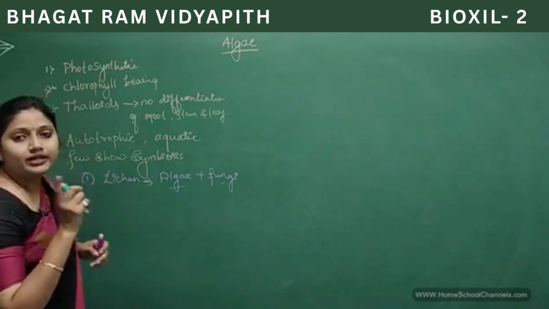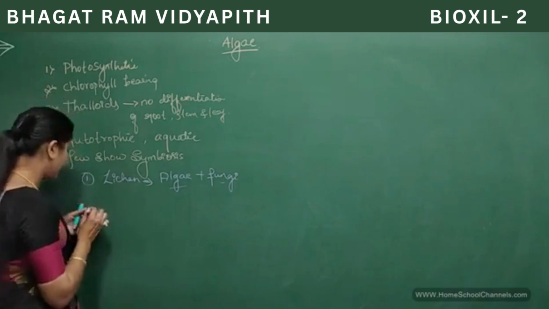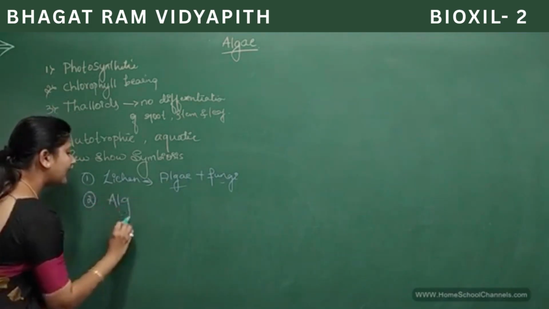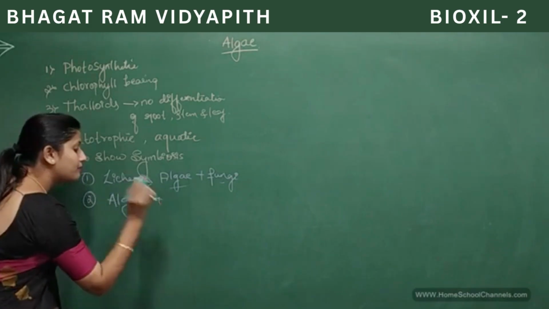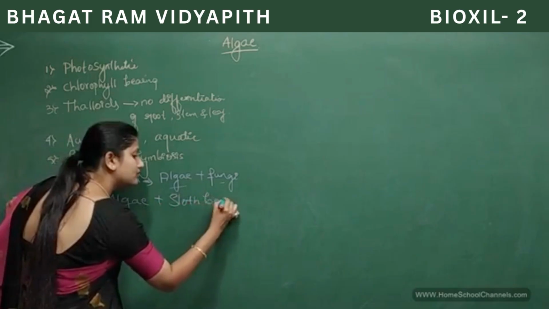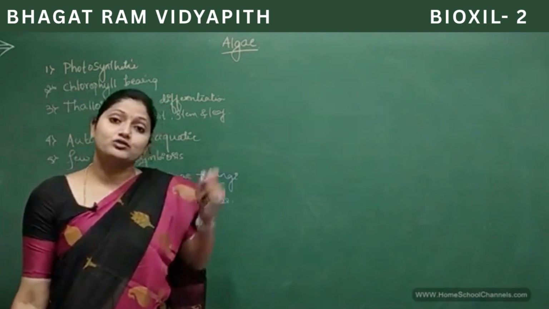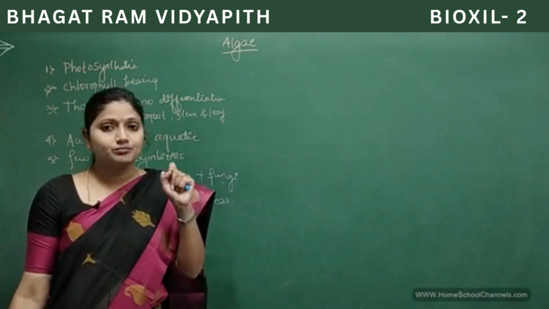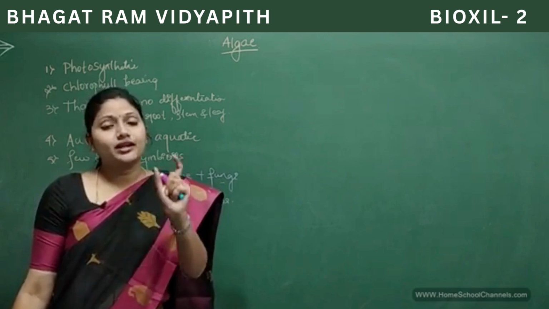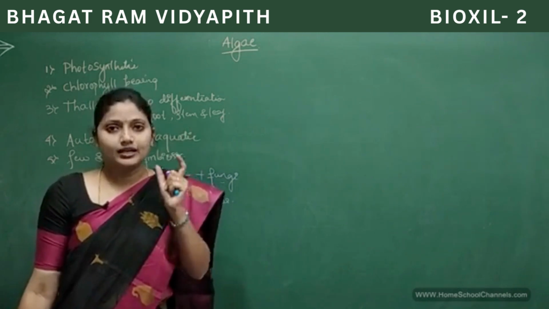Another example where it is showing the symbiosis with an animal, the second example, is algae plus sloth bear. Algae and sloth bear are mutually benefited by each other, and they are staying together to show a symbiotic relationship.